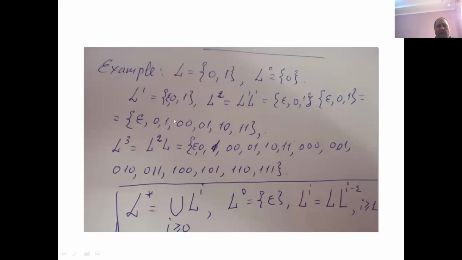So this set consists of epsilon, 0, 1, 00, 01, 10, 11, and etc.